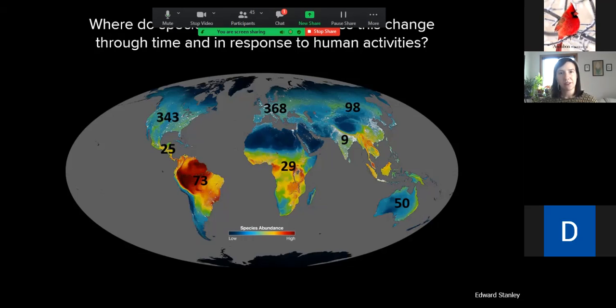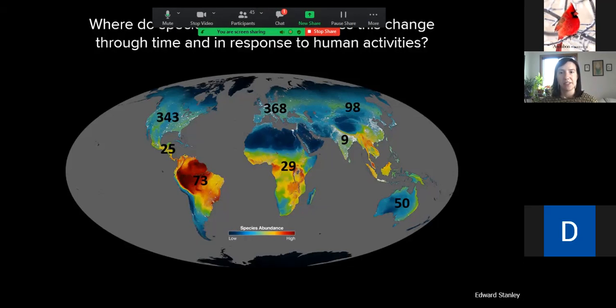But if you also map out where the world's natural history institutions occur, so that's what these numbers that just appeared on the map are, you'll notice a big disparity between the number of species, which is represented by hot colors here, so you'll see a huge biodiversity hotspot in South America, for example, and the number of museums.